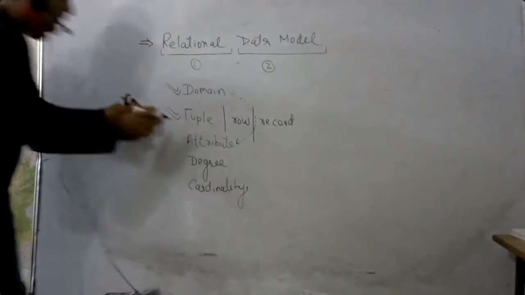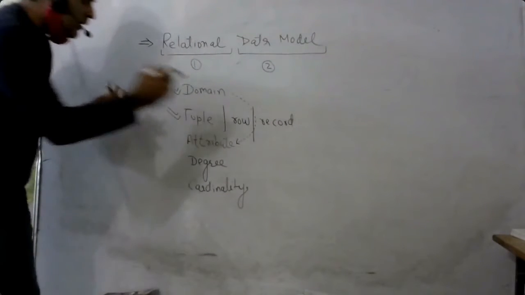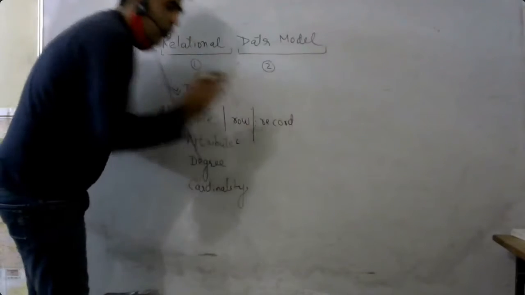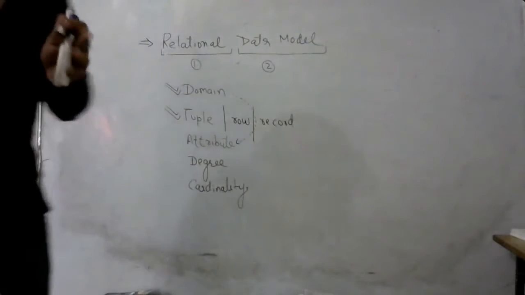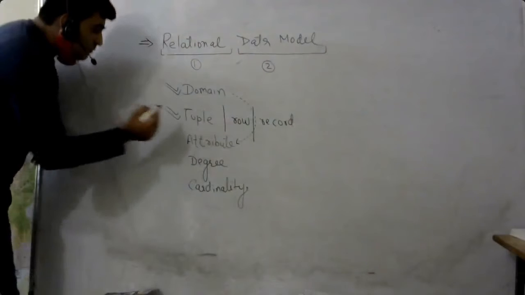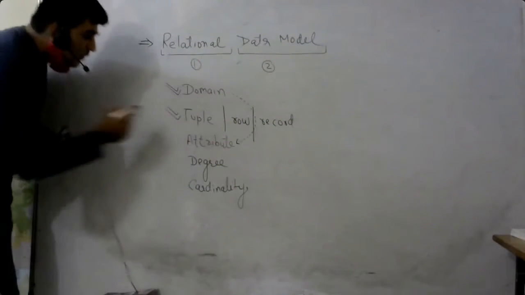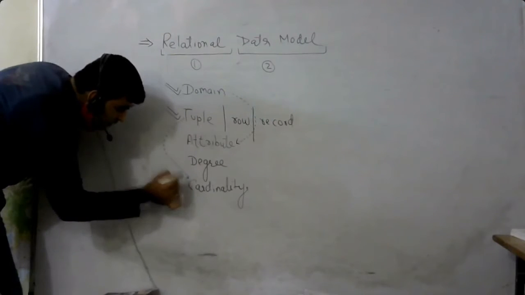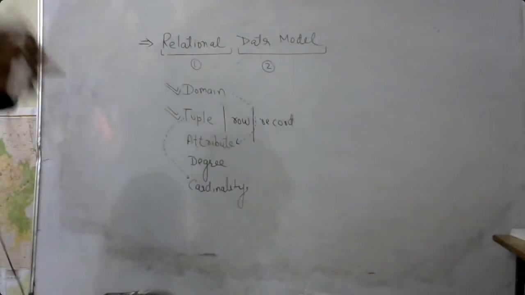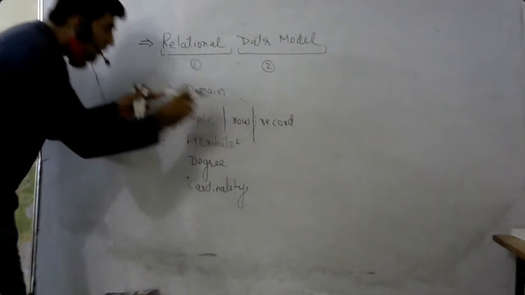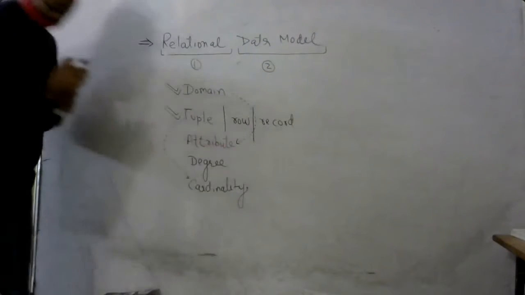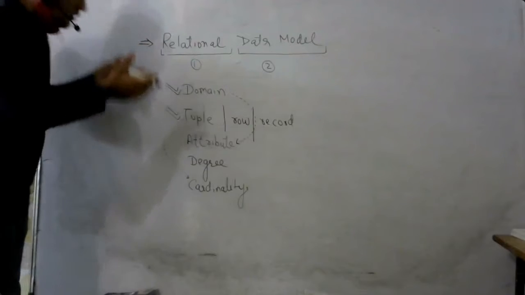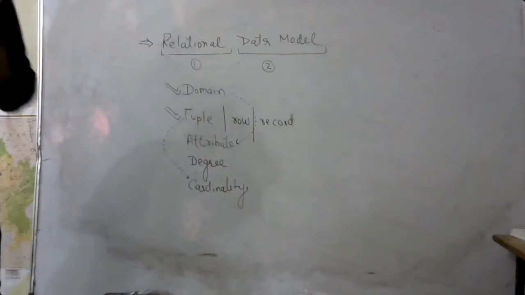Whenever we talk about the term tuple, its alias name is row or record. Whatever you say, it's okay. And the term tuple is very much related with the term cardinality. I am showing you here the links, which term is linked with which term, because whenever we start the topic in detail, these terms will be very much useful for us.